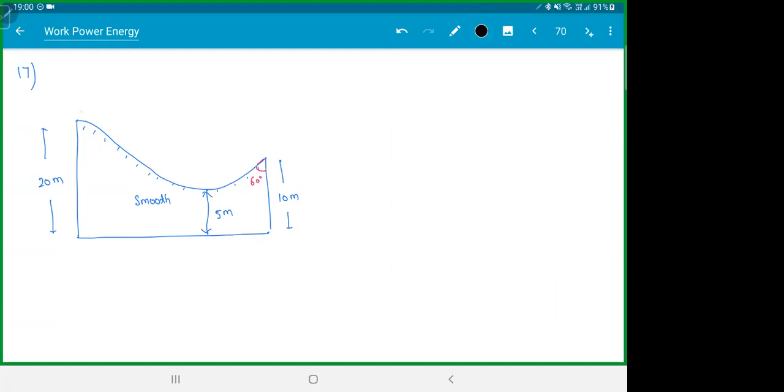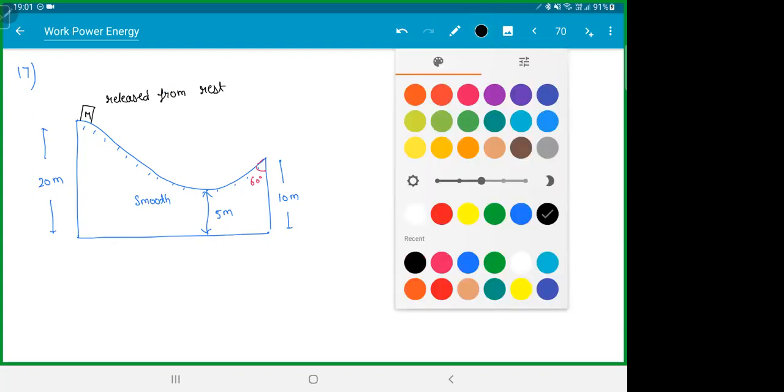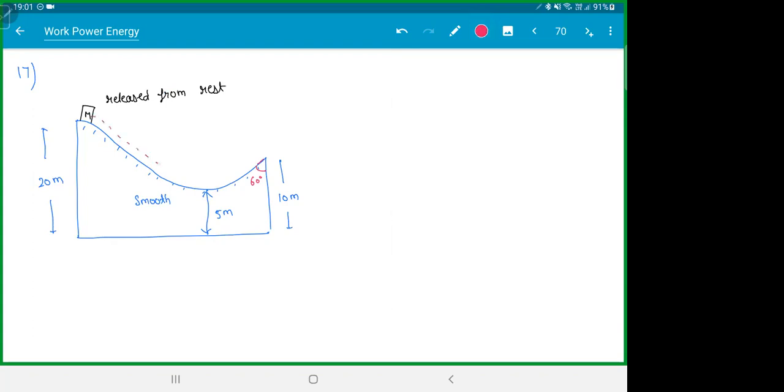So you took a block here, mass M, and release from rest. So this block slides here, goes like this, and flies and falls on the ground.